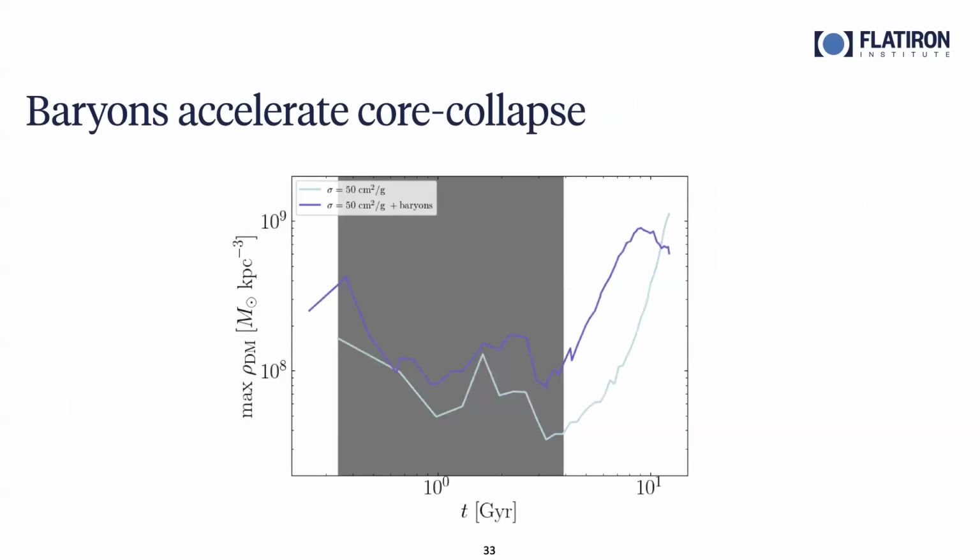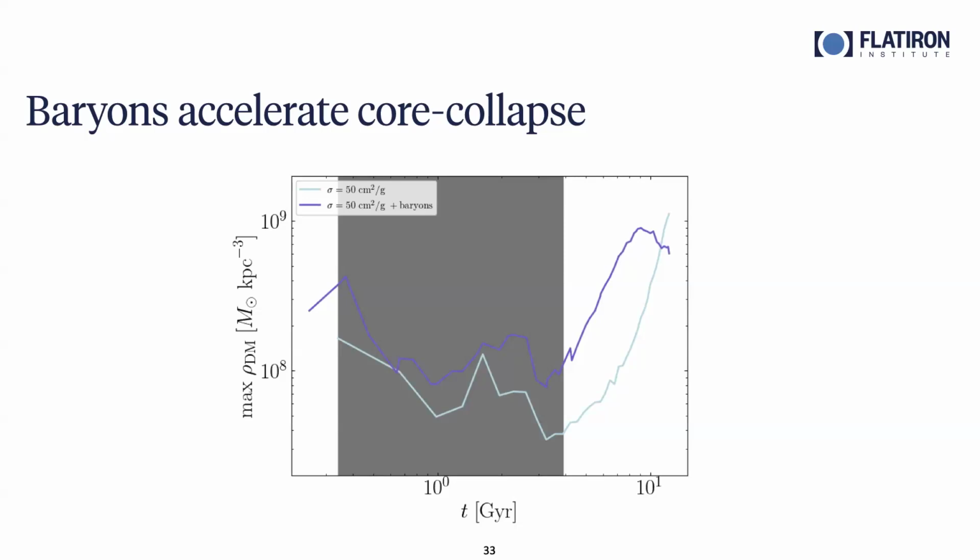Now I'm going to answer your question about the baryons. Why would you ever consider this case where you don't have the baryons? So like I said, people are considering these types of models where they add the baryonic contribution to the potential by just assuming some static potential for the baryons. In this case, I'm doing fully cosmological simulations, so I can look at the back reaction of the baryons. And the point is, light blue is the dark matter only simulation.